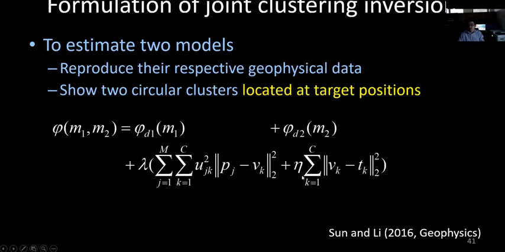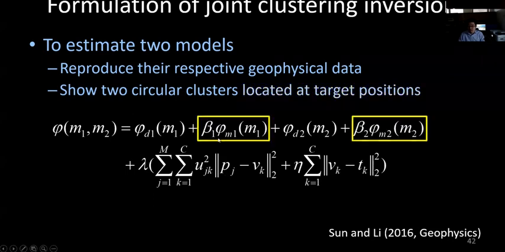Therefore, we have this term here, a term that measures the distance between the target cluster positions and the inverted cluster positions. We also need the two classical regularization terms to stabilize our inverse problems. So this is the objective function we end up with if we want to perform the joint cluster inversion.